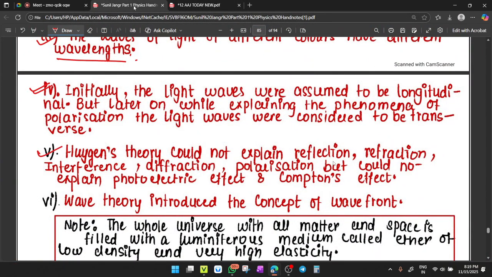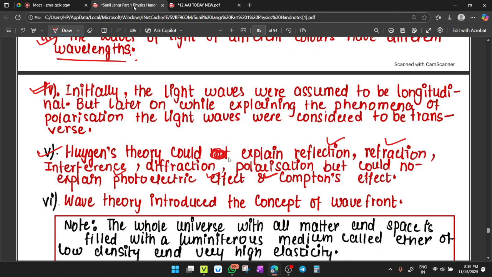Yes, wait, this is wrong here. Huygens theory could explain reflection, refraction, interference, diffraction, and polarization.